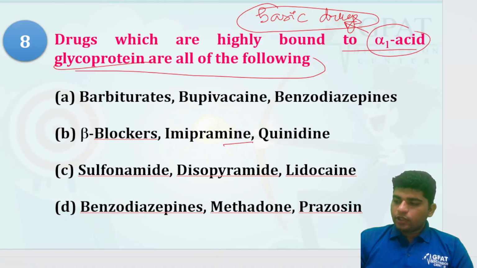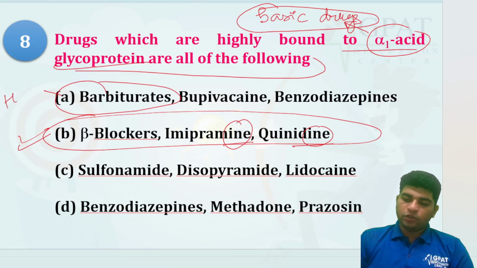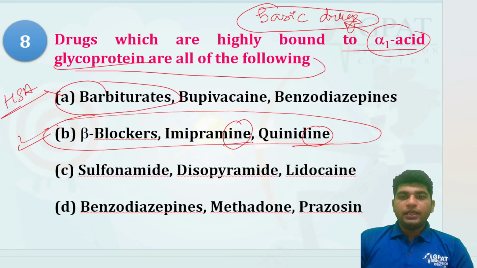Imipramine, quinidine, which have an amine group, are basic drugs in nature. So beta blockers, imipramine, quinidine are the basic drugs, whereas barbiturates are acidic drugs, which bind onto the HSA, human serum albumin. So the answer is beta blockers, imipramine, quinidine bound to the alpha 1 acid glycoprotein.